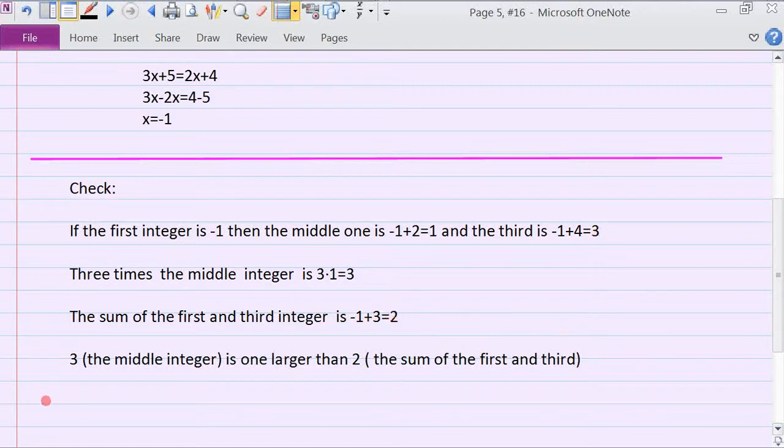The middle integer is 1 larger than 2. 2 is the sum of the first and third. 3 is 3 times the middle integer.